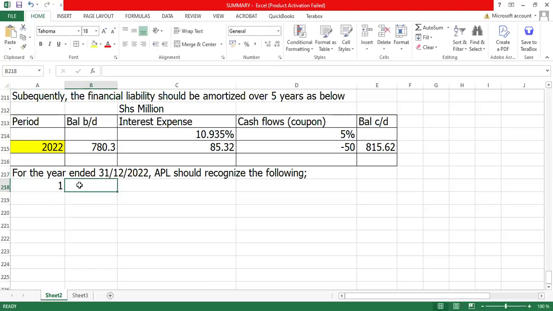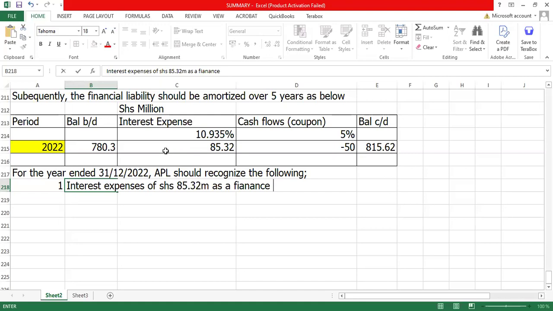One, they should recognize an interest expense of shillings 85.32 million as a finance cost in the profit or loss.